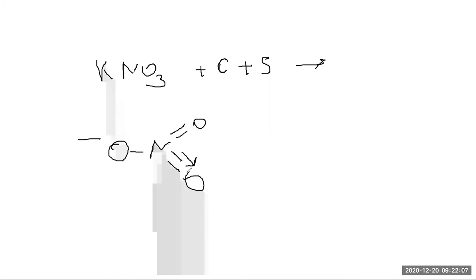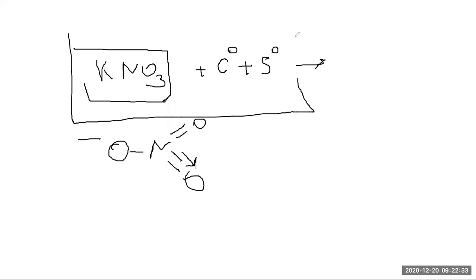In general, oxygen withdraws electrons from anybody except fluorine. So what is the oxidation state? +5. The highest possible oxidation state for nitrogen. So this is possibly the oxidizer. What is the oxidation state of carbon? 0. Sulfur, 0. And who knows what this mixture is?